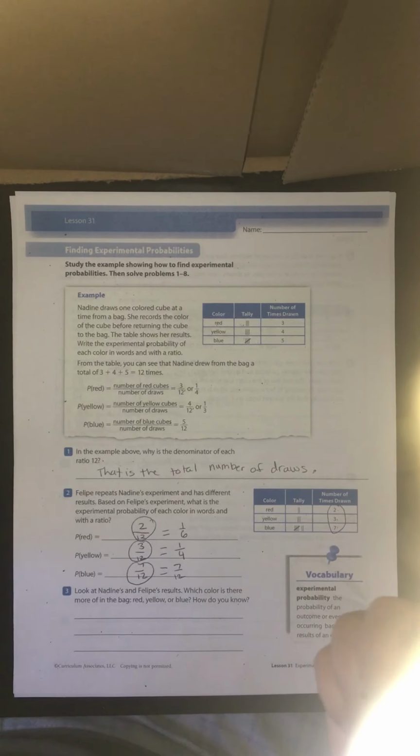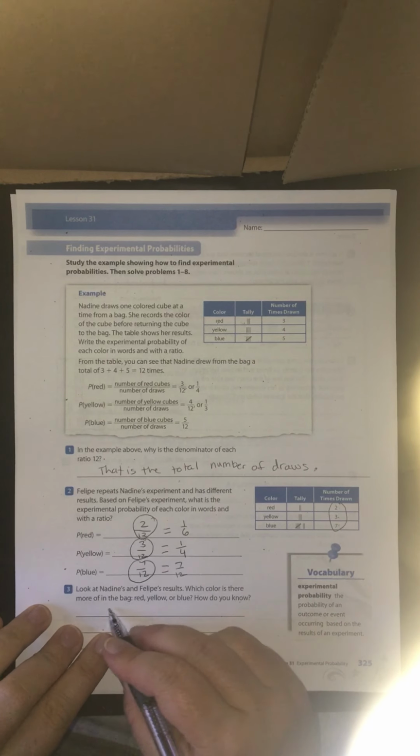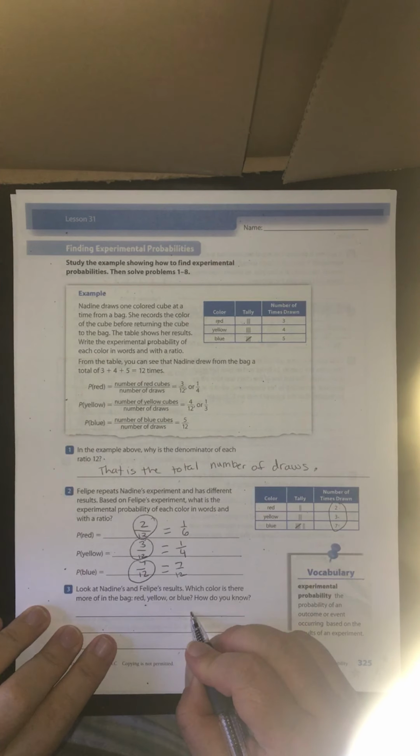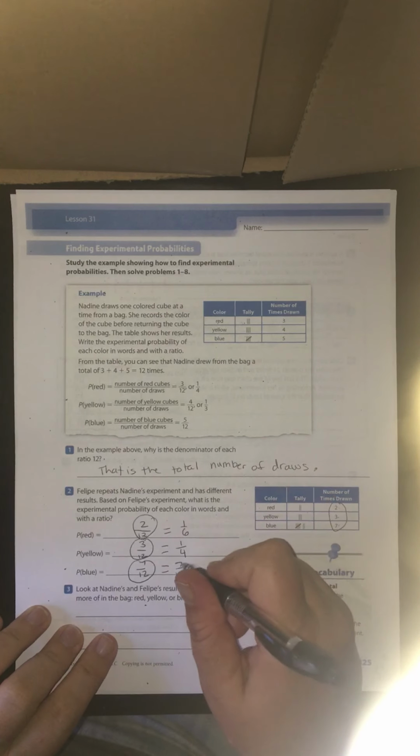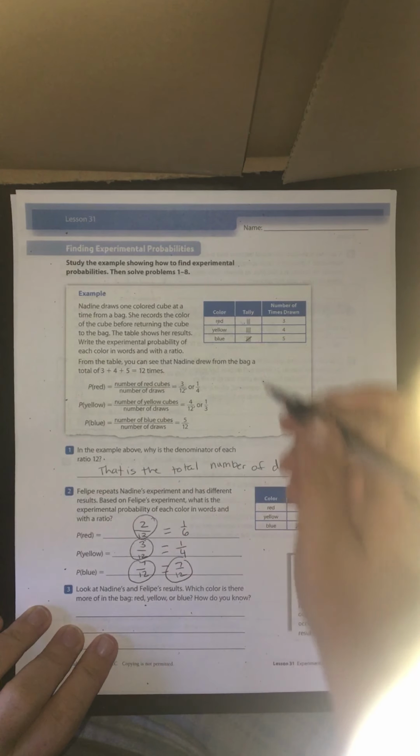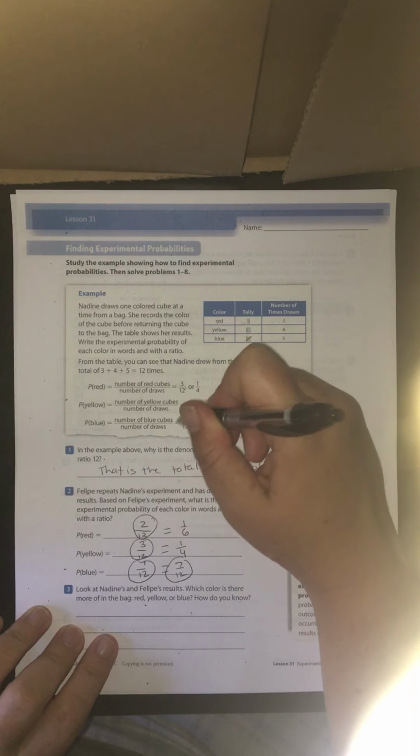All right, looking at the results, which color is there more of in the bag? Red, yellow, or blue? How do you know? Well, the highest one for him was blue, and the highest one for her was blue.